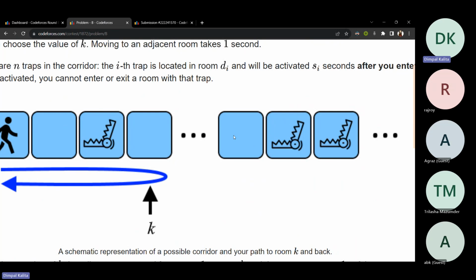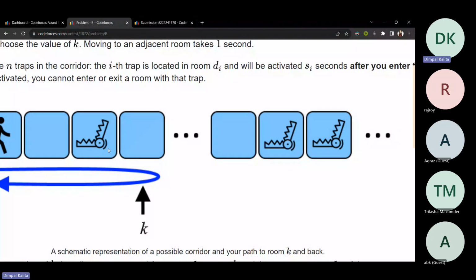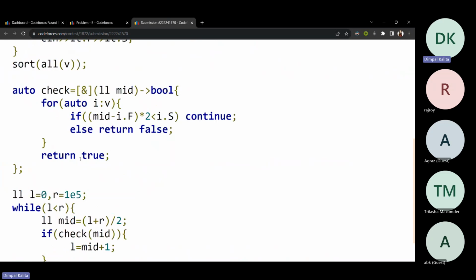So if this is the value of K, the recurring time of the trap should be, sorry, greater than this minus the difference between these indices. Okay, that is what I've done here.